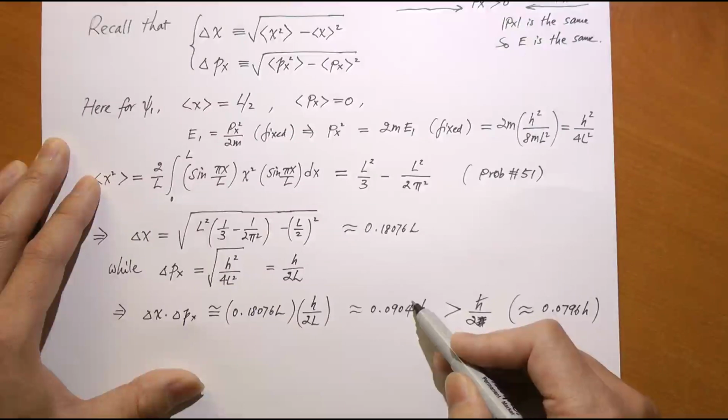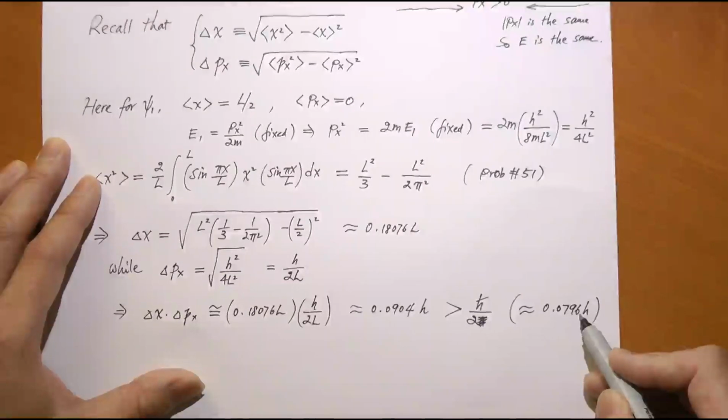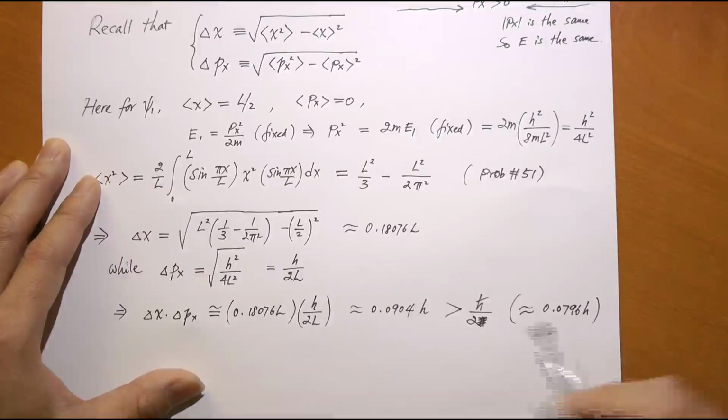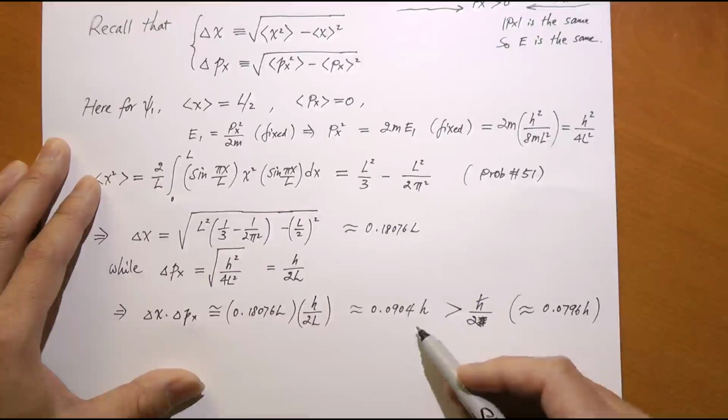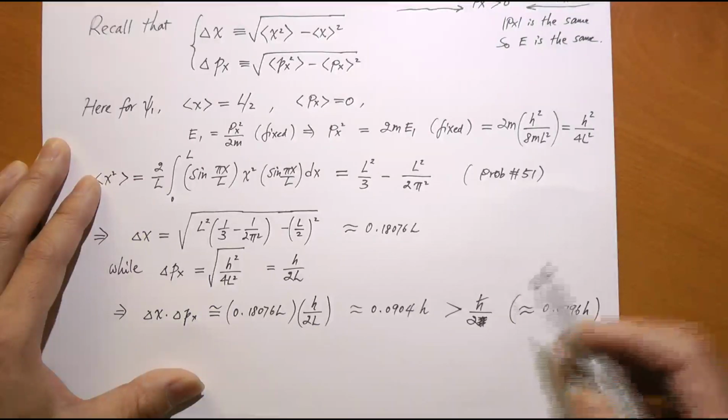And this number is in fact greater than 1 over 4 pi. 1 over 4 pi is 0.0796. So indeed, we did not violate the Heisenberg uncertainty principle after all. The product is somewhat greater than h bar over 2 for the ground state of the infinite square well.